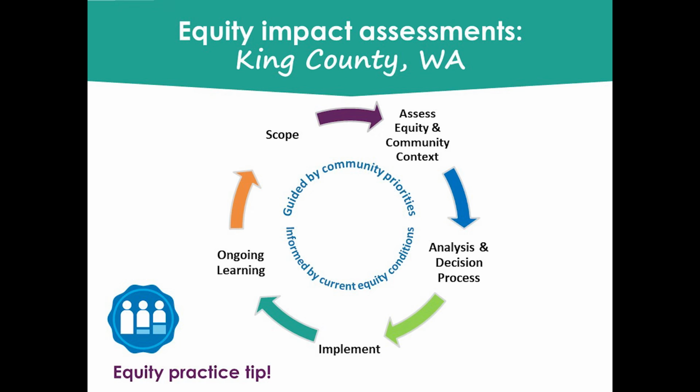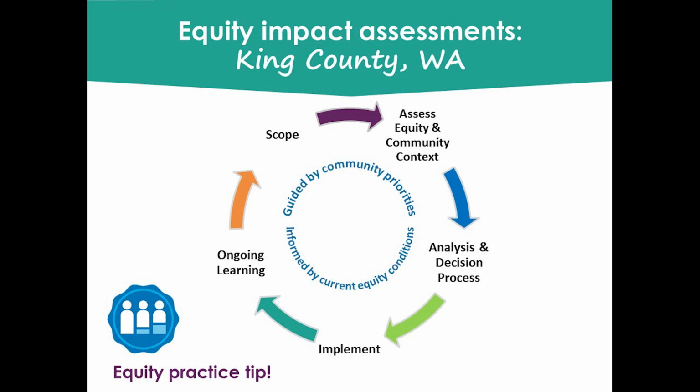Earlier in this training, we discussed the Equity Impact Review process used by King County in Washington State. The county explains that the process is designed to ensure that equity impacts are rigorously and holistically considered and advanced in the design and implementation of plans, policies, and projects. This tool is actually an example of a guidance document.